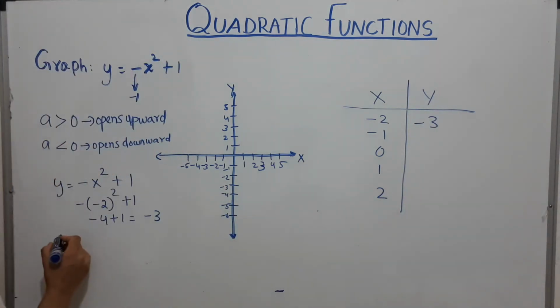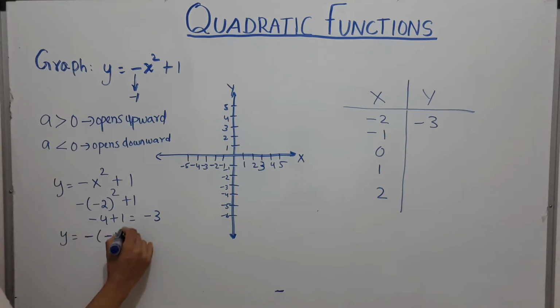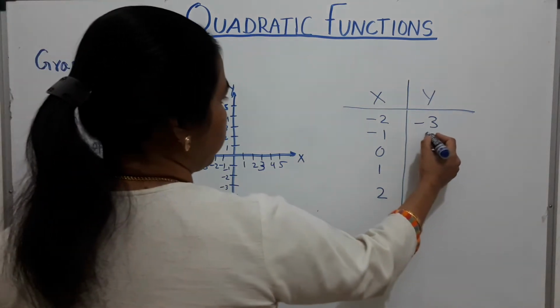And then substitute x is equal to negative 1. So y is equal to minus of minus 1 the whole square plus 1. This will be plus 1 because minus 1 the whole square will be positive, and there is a minus in front of the bracket. So that is minus 1 plus 1, which is equal to 0. So we can write 0 here.